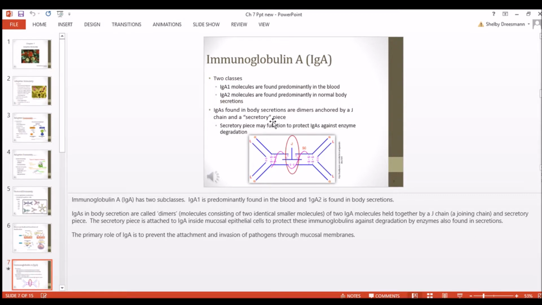Anyways, it prevents the attachment and invasion of pathogens through mucosal membranes. Gosh, that was way too hard to try to say.